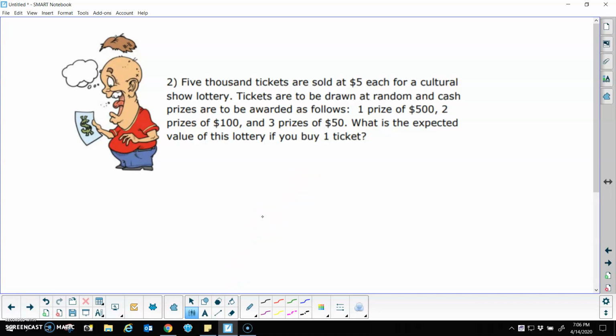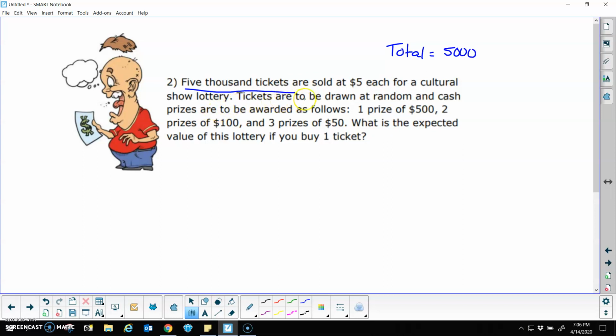Okay, so there are 5,000 tickets. So I'm going to write right here, our total is 5,000 tickets. Okay, and they're sold at $5 each for a cultural show lottery.